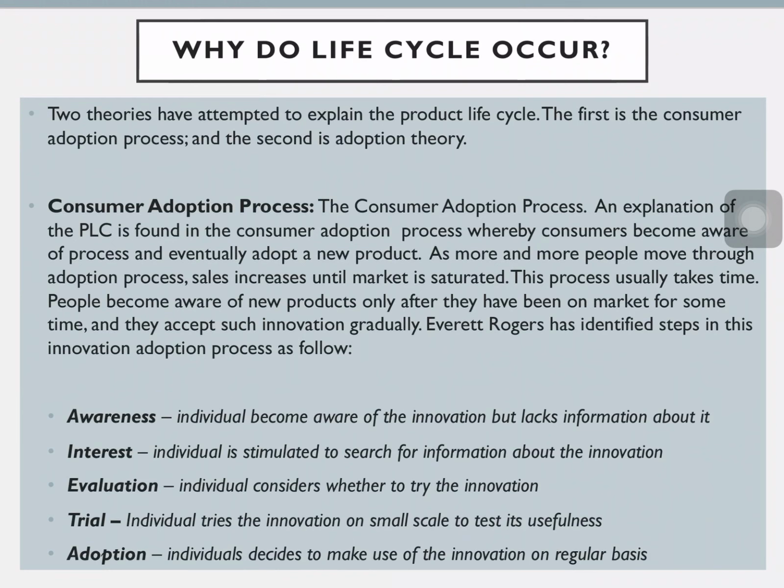These theories are given by Everett Rogers, or it is popularly known as the Rogers theory. These two theories are the consumer adoption process and the consumer adoption theory. So what are these? We will begin with the consumer adoption process.